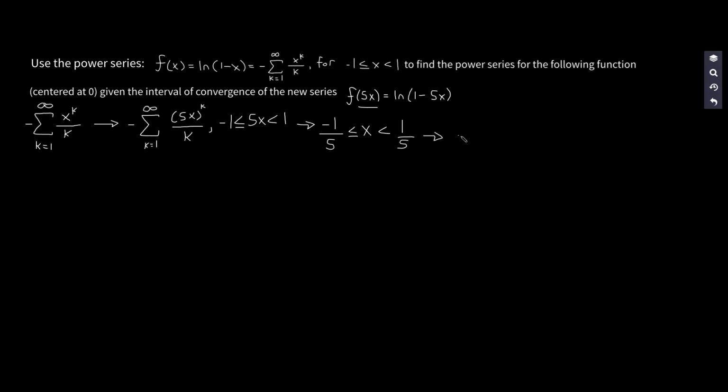Now the less than or equal to sign is always going to be a bracket because it indicates that we're going to include this term within the interval of convergence. So -1/5 is included in the interval of convergence. But since we have just a less than sign, not less than or equal to, that indicates that this term is not included.